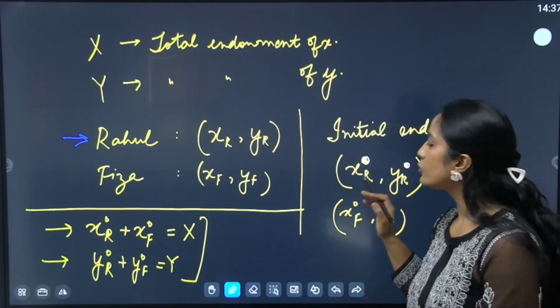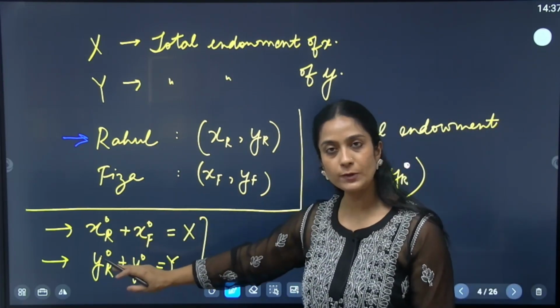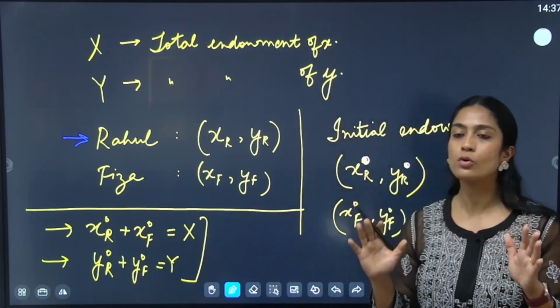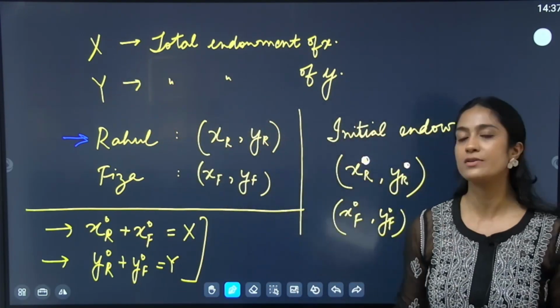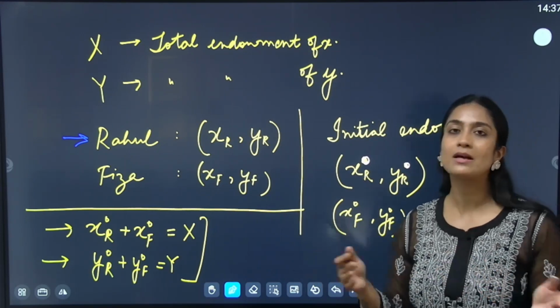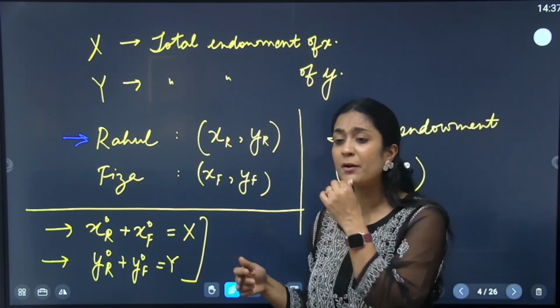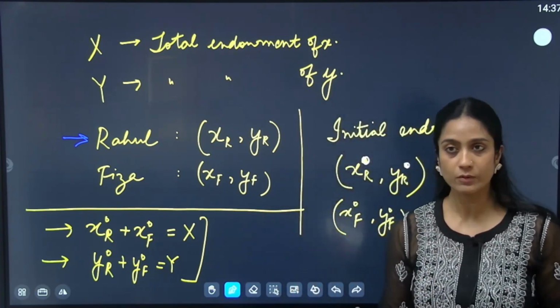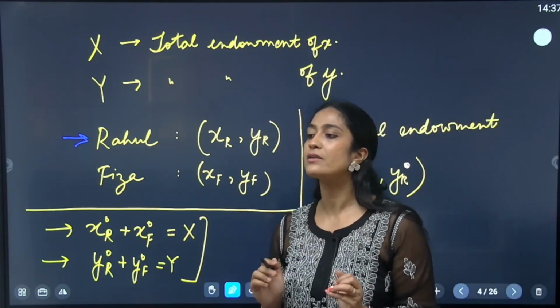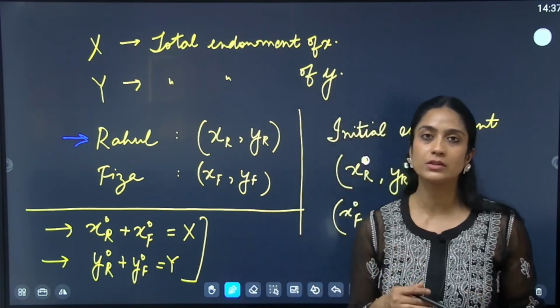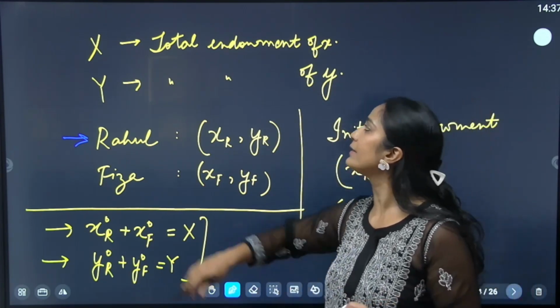And two identities which will be very useful: अगर पूरे आइलैंड में टोटल X है तो ये X या तो राहुल के पास होगा या तो फिजा के पास होगा. ठीक है. अगर किसी के भी पास नहीं है तो then that doesn't become part of analysis. Okay, so we assume that there is no hidden resource, and that if a resource is hidden then it's something that we are not considering, and there is no wastage.